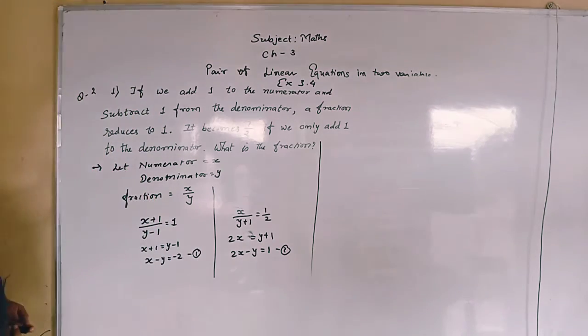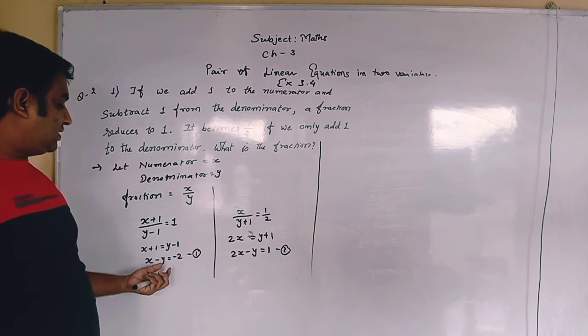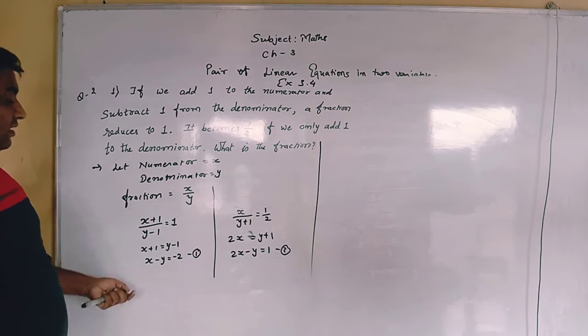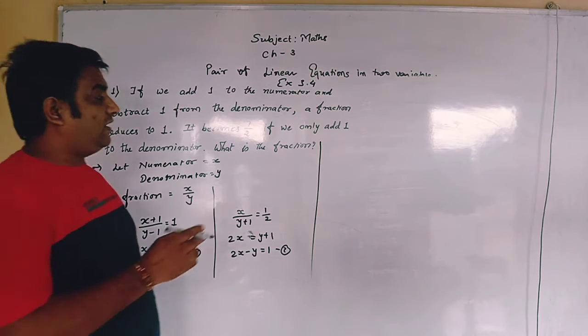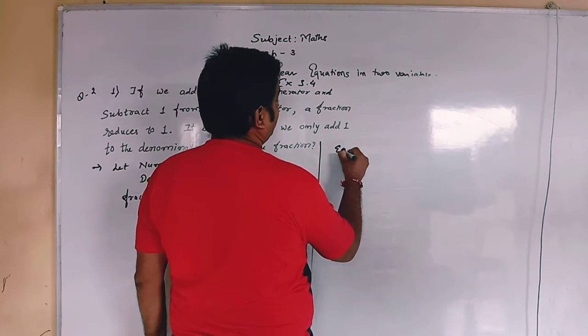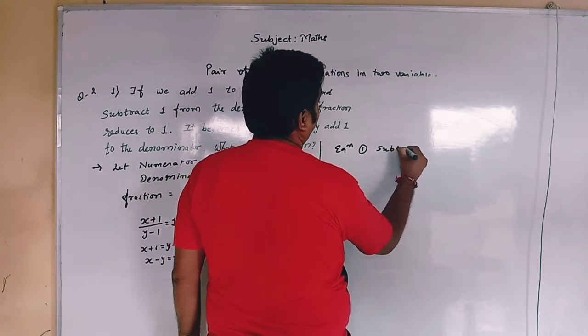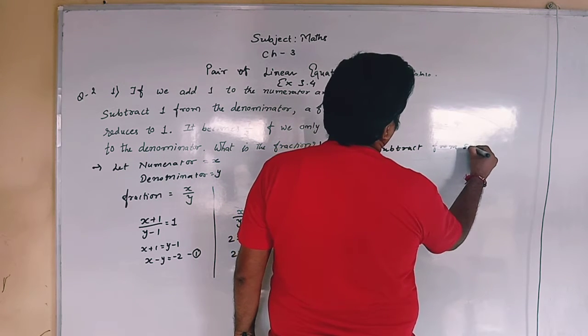Two equations are there. Both have the y variable with equal coefficients and a minus sign. So we subtract the equations: we write equation 1 subtracted from equation 2.